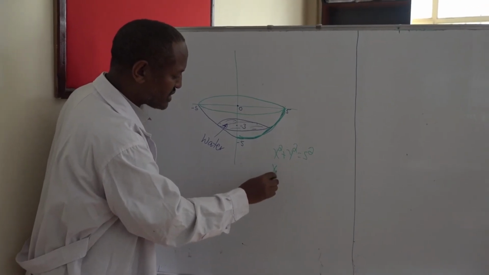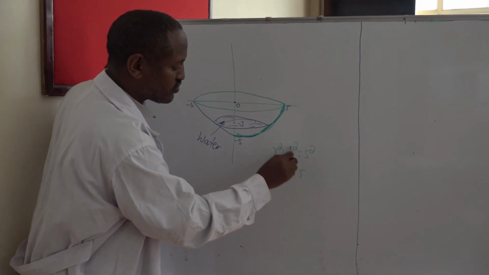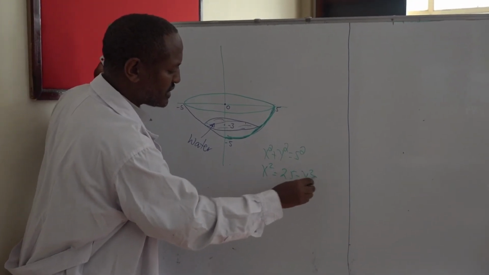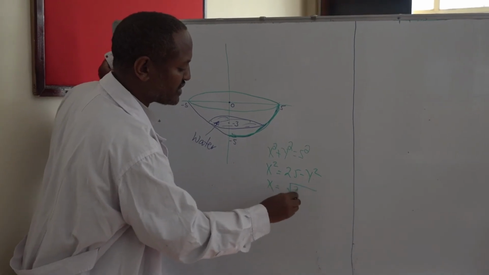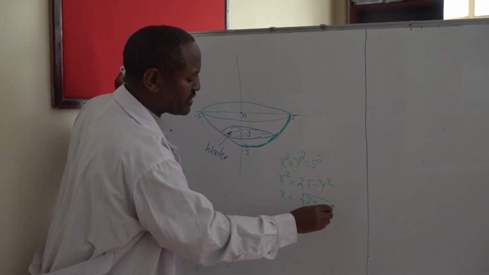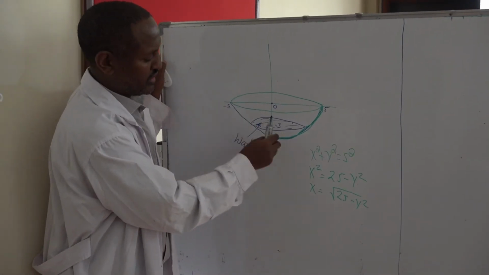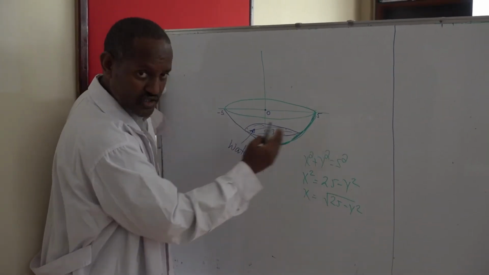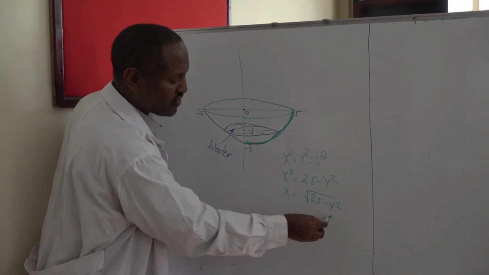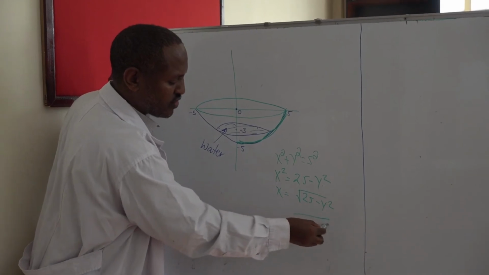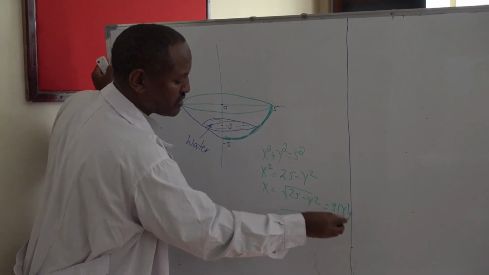The quarter of this circle can be found by the formula x squared is 5 squared, 25 minus y squared, and x is plus or minus the square root of 25 minus y squared. But since I take only the portion of the graph that is to the right of this vertical line, we'll have only plus the square root of 25 minus y squared, and we call it g(y).